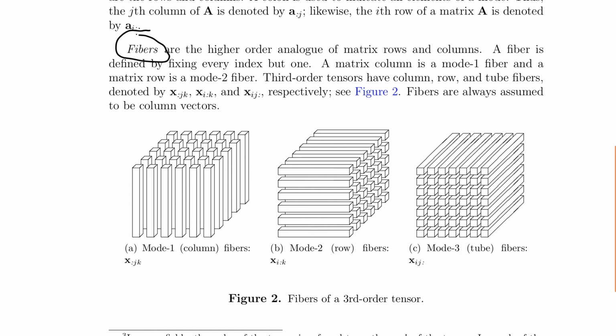Fibers are what you get when you pull out the columns from the tensor. For example, let us consider this three-way tensor, which is just a kind of three-dimensional object. I guess that's why people call it 3D.